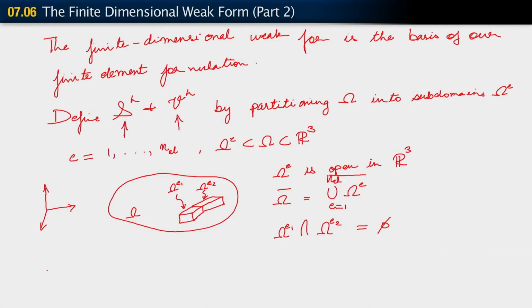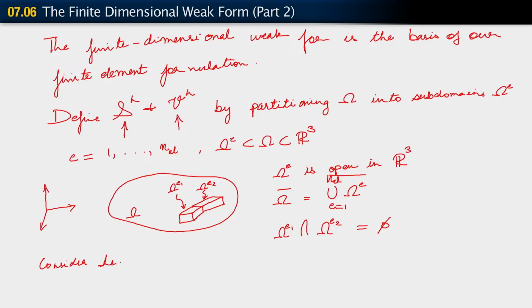What that implies is that we are going to construct a partition where each omega e is what we call a hexahedral element.